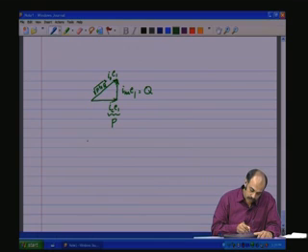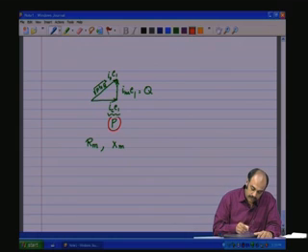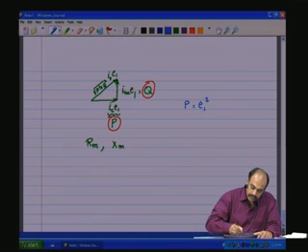So, Rc and Xm can be found out from this and this. So, P, the active power, is nothing but E1 square by, sorry, this is Rc.